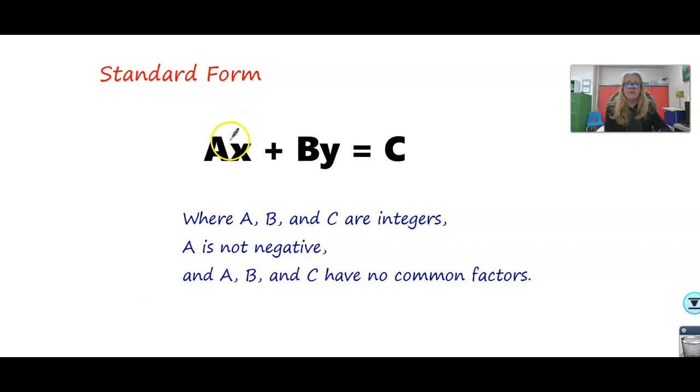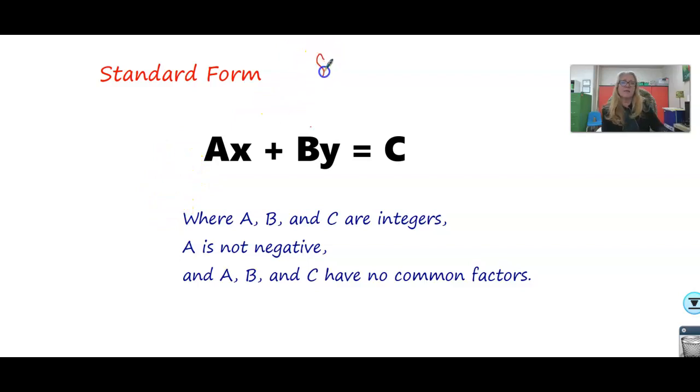The rules with standard form are that A, B, and C are integers. They cannot be fractions, cannot be decimals. They must be positive or negative whole numbers. But in addition to that, A can never be negative. A can't be negative. B can be negative, C can be negative. And A, B, and C can have no common factors.